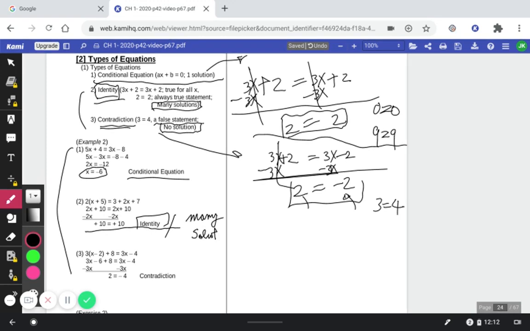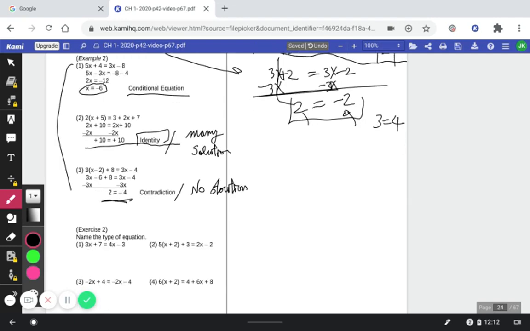If x disappears but the remainders are never equal, we call it a contradiction equation, where there is no solution. So you have to recognize those three types. What we've been doing so far are conditional equations.